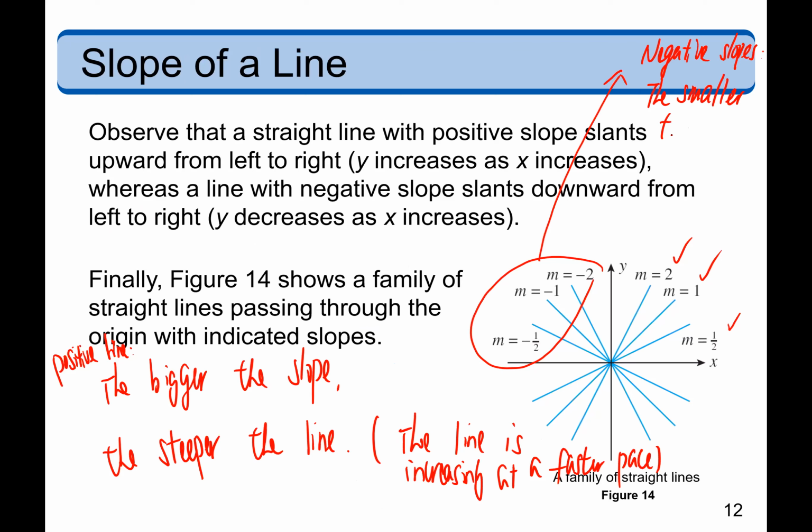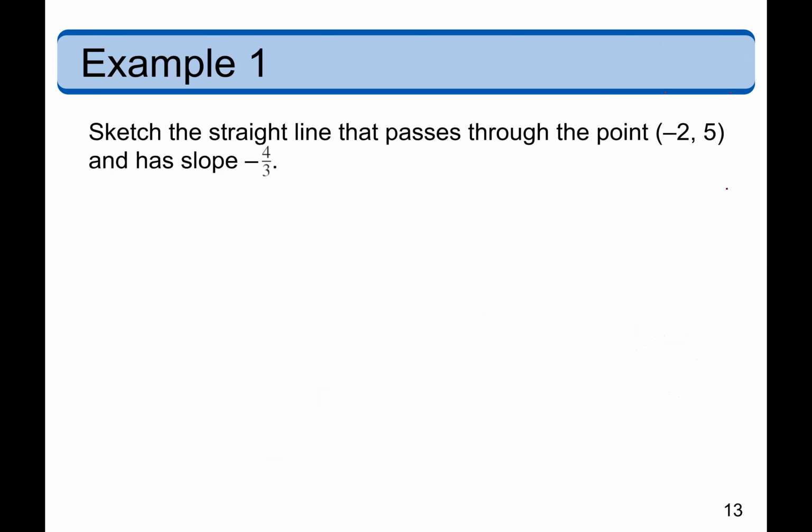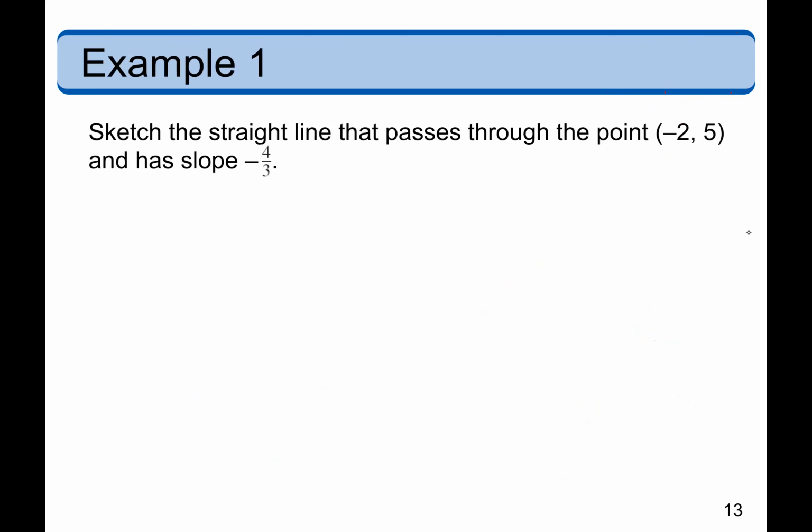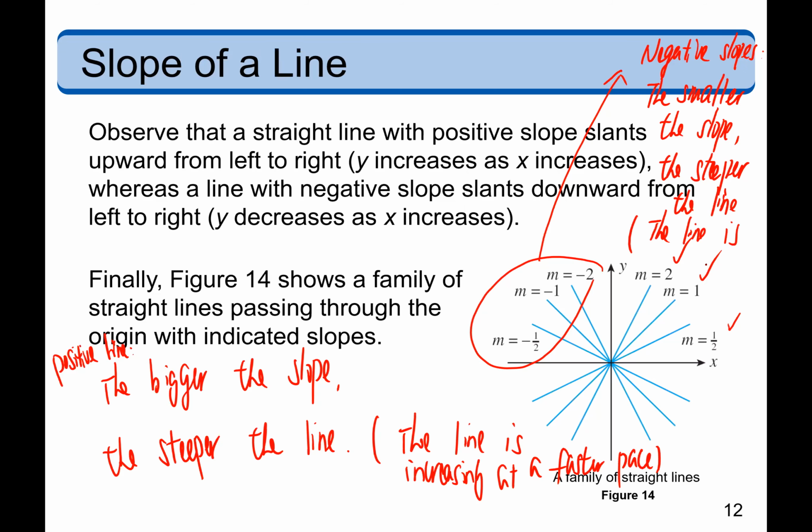Okay, the smaller the slope, the steeper the line. So the line is decreasing at a faster pace.